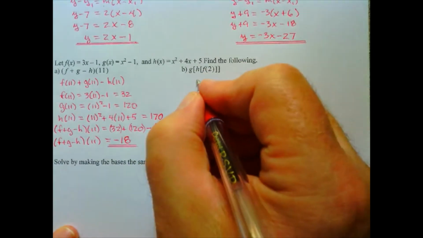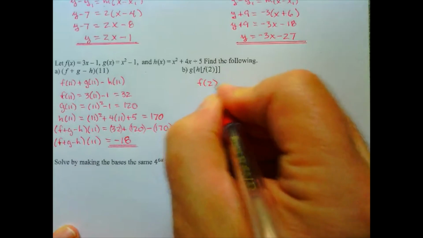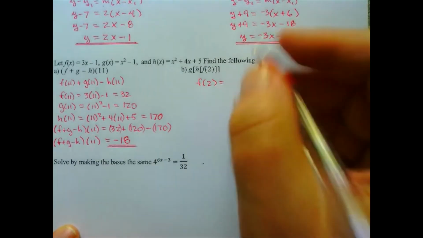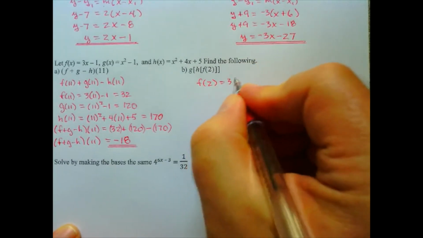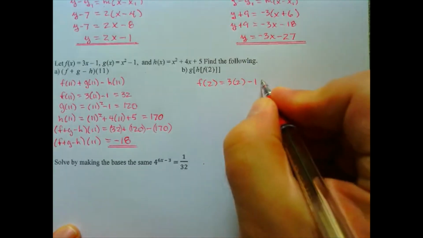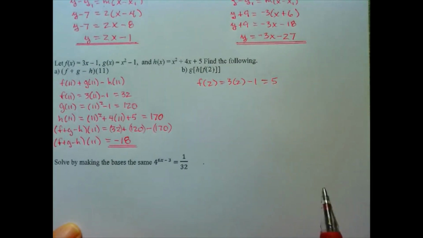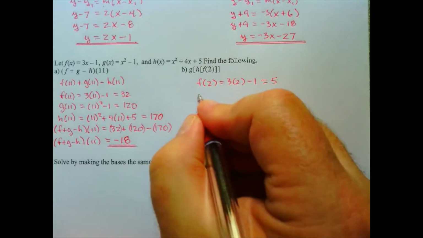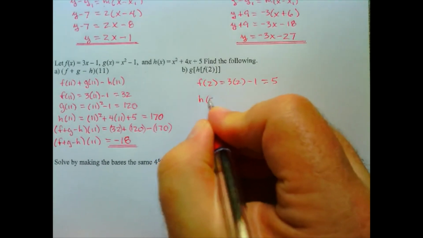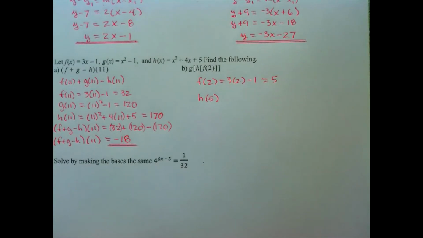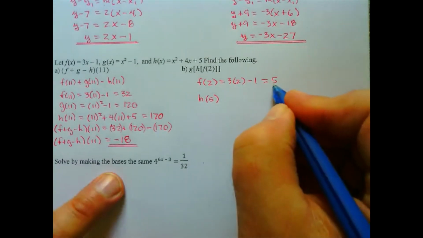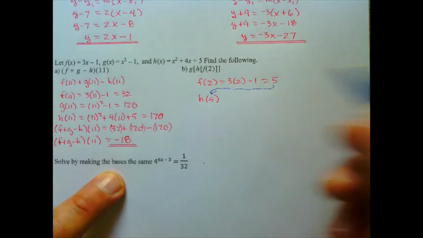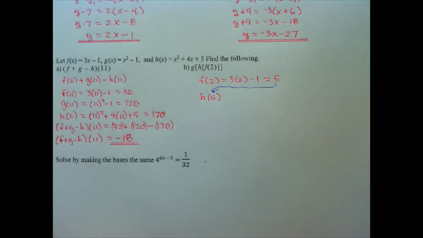So first off, doing F of 2 will give me 3 times 2, subtract 1, which is 5. Okay, so now the 5 is going to go into H. So now I'm going to do H of 5. So again, whatever I get here has to go into the next function.